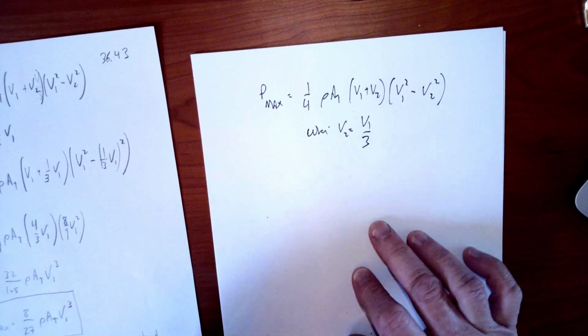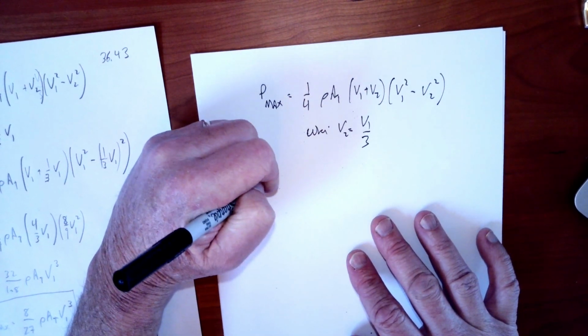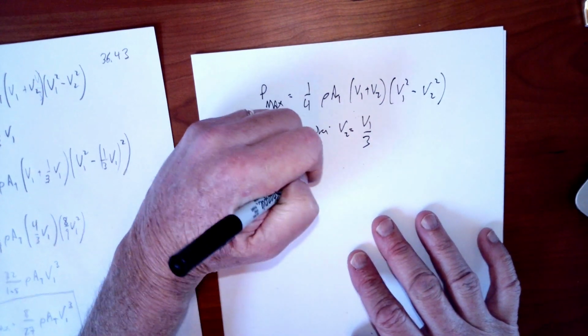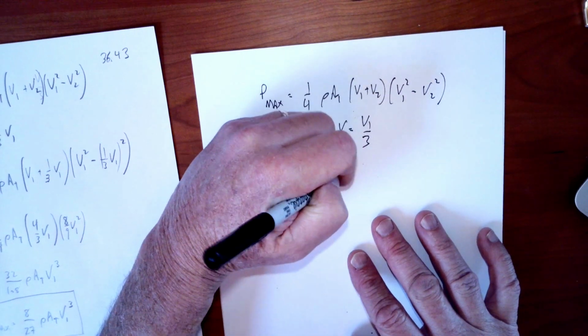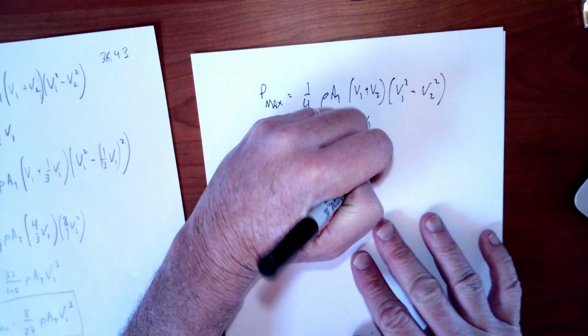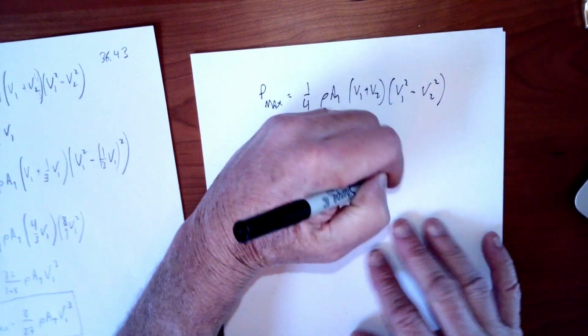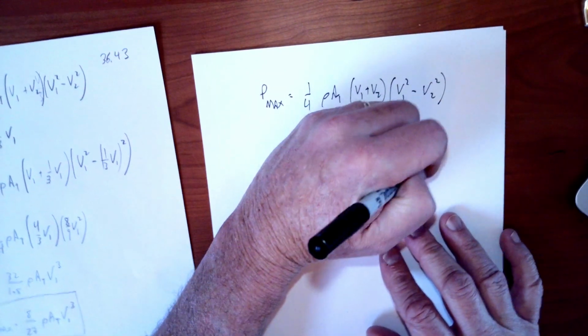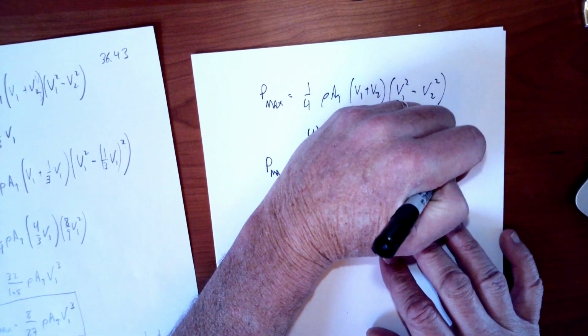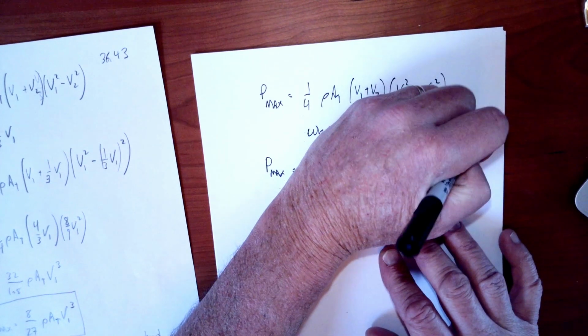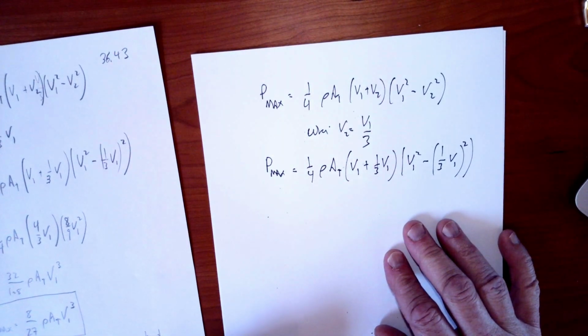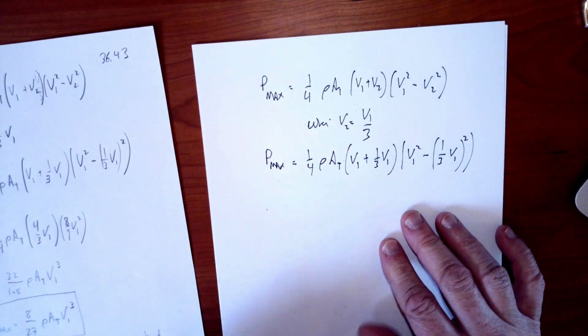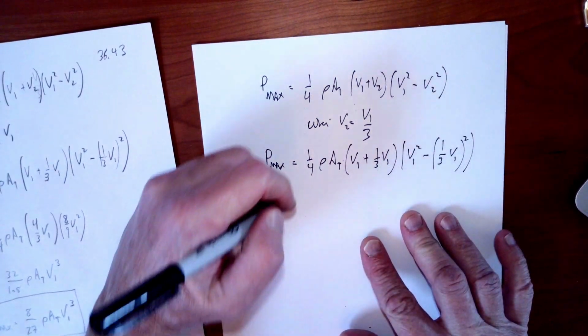So I just plug that in. I get that the maximum power generation is 1/4 rho AT times V1 plus 1/3 V1 times V1 squared minus 1/3 V1 all squared. That's my maximum power when I have this optimum velocity for V2.